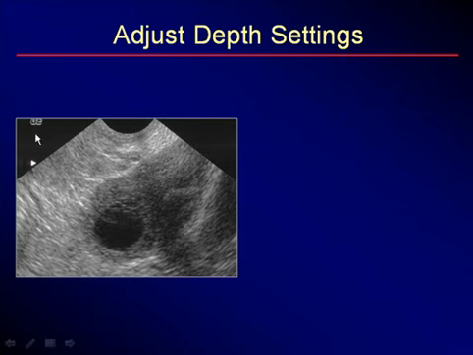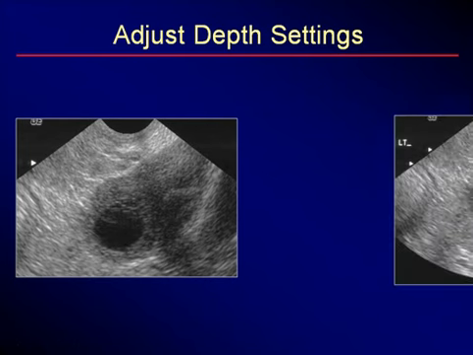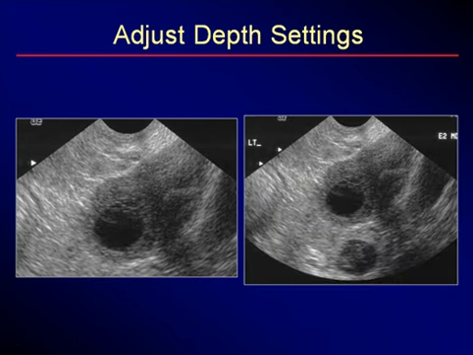Another example, an ovary with a physiologic cyst in it. If we would have had maximal depth first, we could have used that cyst to scan deeper into the pelvis and see that there's an ectopic pregnancy back here.